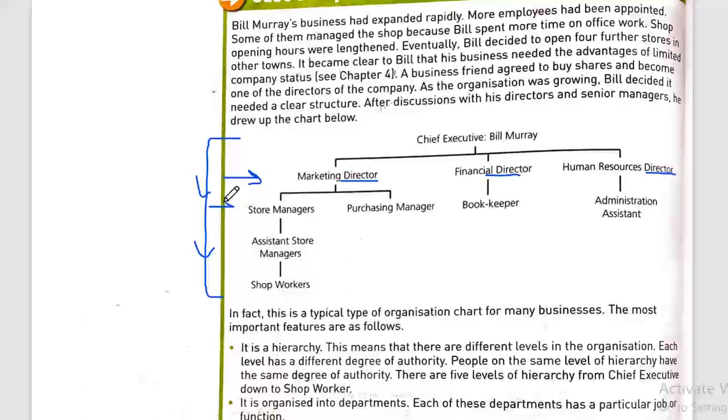Meanwhile, in this level over here are the managers. So it looks like a hierarchy, and each hierarchy has a level, the levels of hierarchy. In each level, people have the same position and the same responsibilities and tasks. And this is what an organizational chart looks like.